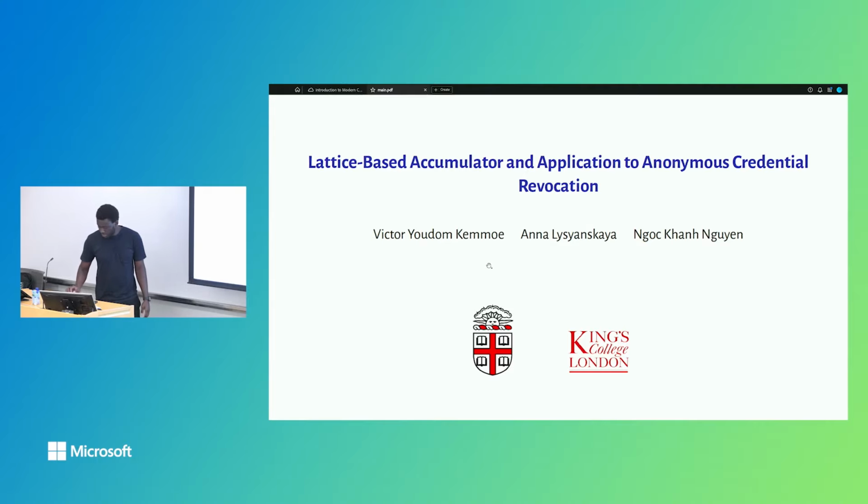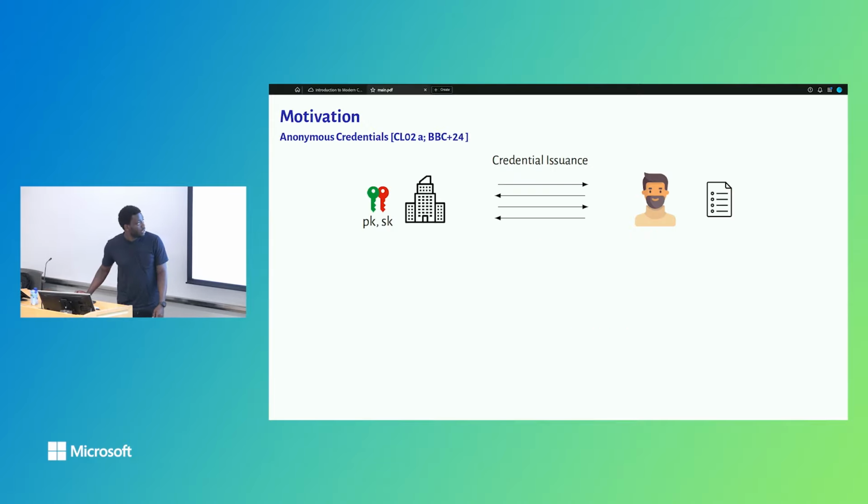So first I will start with motivations. And the motivations here will be the case of anonymous credentials. And briefly, from a high-level point of view, how anonymous credential works is that you generally have an organization that holds a private key and a secret key. And you have a user that we are going to call Bob here that has a list of attributes.